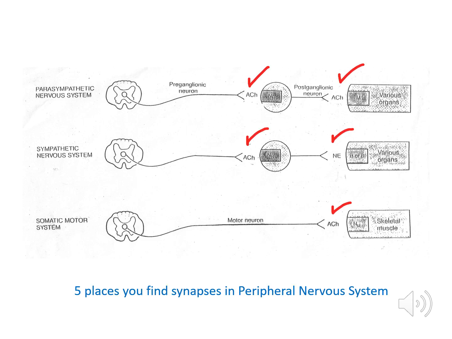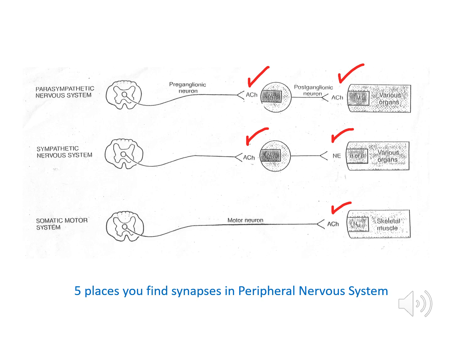So let's talk about those synapses and look at which neurotransmitters are released and which receptors are located at each of those synapses. There are 5 places that you're going to find synapses in the peripheral nervous system, and you see them in this picture. In both the sympathetic and the parasympathetic divisions, there is a synapse between the preganglionic nerve and the postganglionic nerve, right?